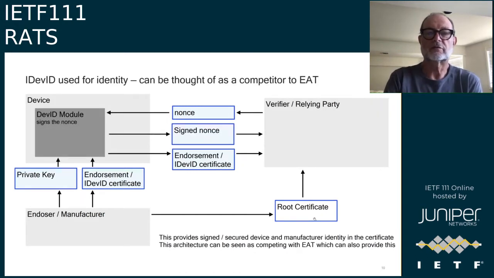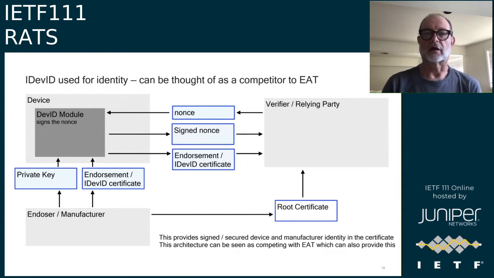So in this picture, there's no EAT because they're kind of competitors. This is my understanding of how DevID works in normal practice. The one interesting part of this diagram is right in the middle, where I'm showing a box that says signed nonce. There has to be a signed nonce going back from the device to the relying party, otherwise you can have replay.